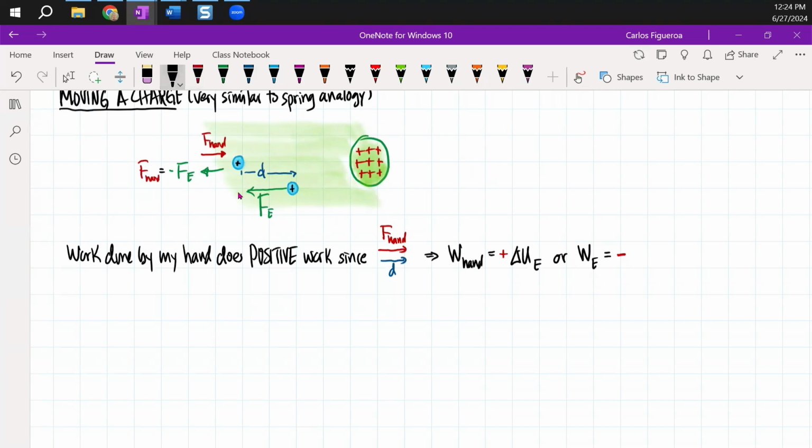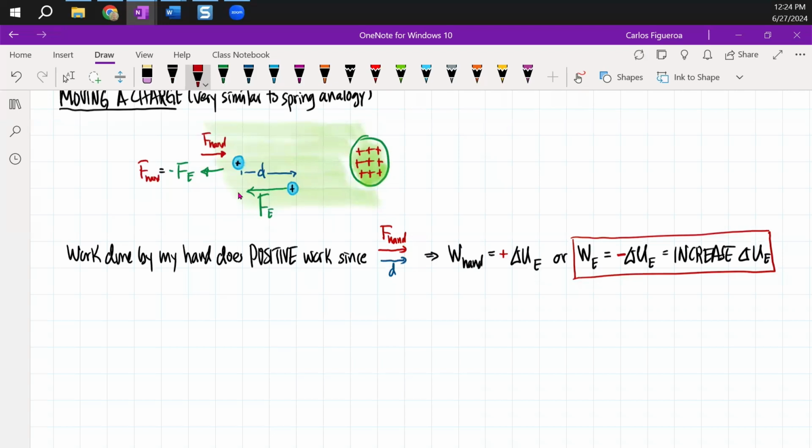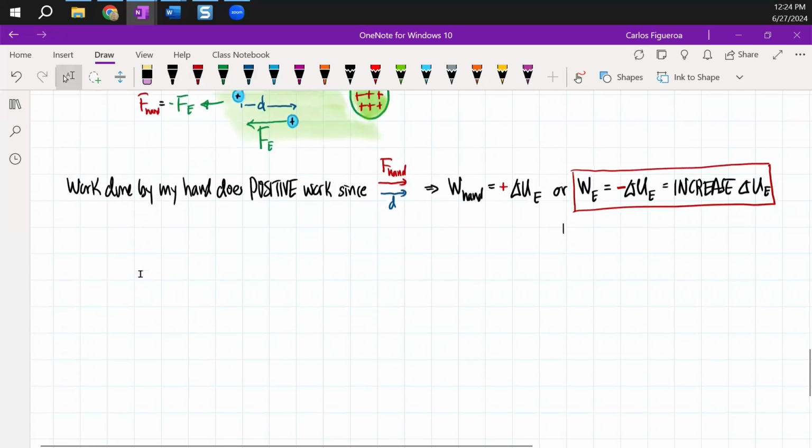And as a consequence, I now increase this negative thing here. This is an increase in delta UE. This is what we're after. What is the electric field doing? Not what my hand is doing. So picture-wise, it's the exact same picture as we drew before.